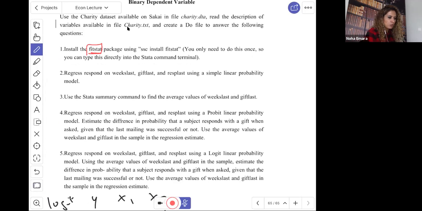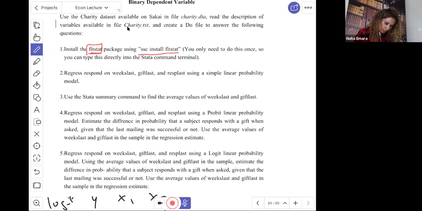It gives me the pseudo R square, the count R square, McFadden's R square, the likelihood ratio test, and so on. If you don't have it, you can type ssc install fitstat, just under the assumption that you can type this directly into your Stata command terminal. Otherwise most likely you guys have it. And once you have this package, you can start working.